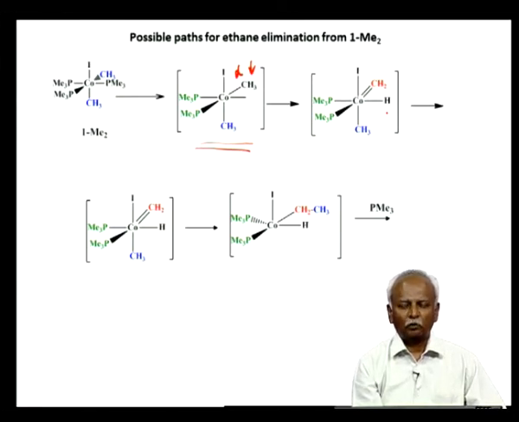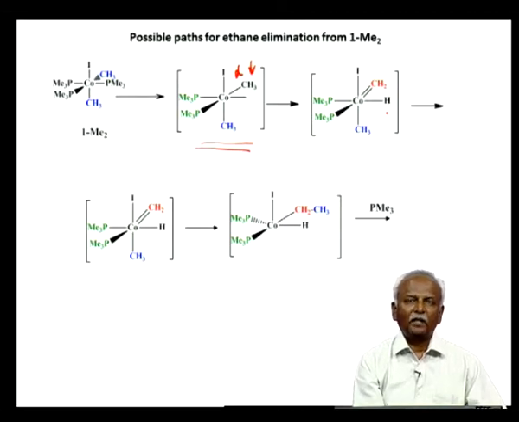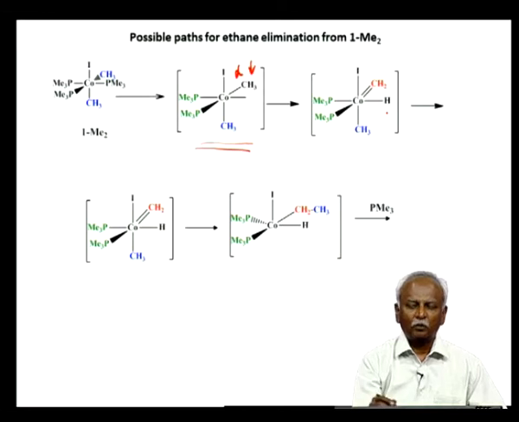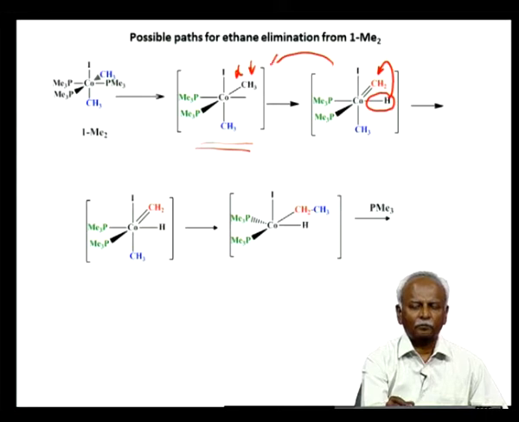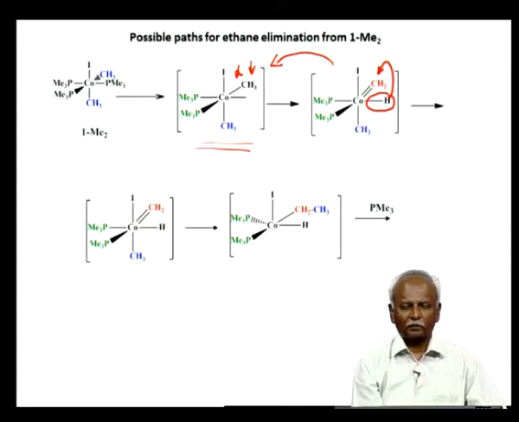Now, this is not an unreasonable reaction to write, considering the fact that this is just the reverse of a migratory insertion of a hydride unit. This is the hydride unit. If this migrates on to the CH2 group, you would end up with the reverse reaction, that is the methyl group formation. So, this is basically just a hydrogen abstraction from the alpha position.